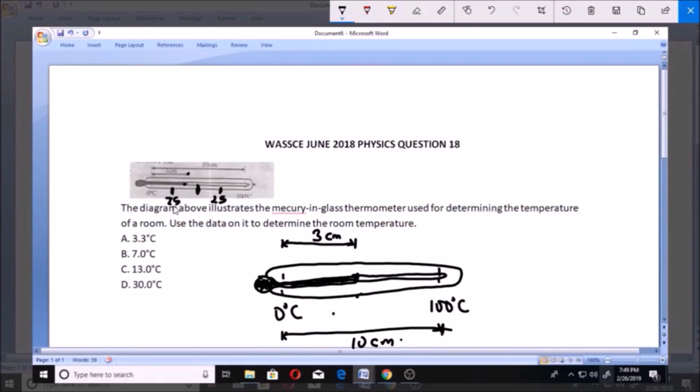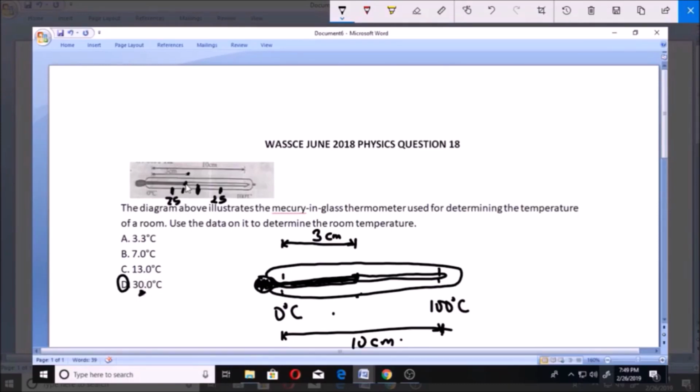So you can see that the very reading here is somewhere above 25, which we should be assuming to be 30 degrees. So from this sketch we can say that the room temperature here is 30 degrees from the reading here.